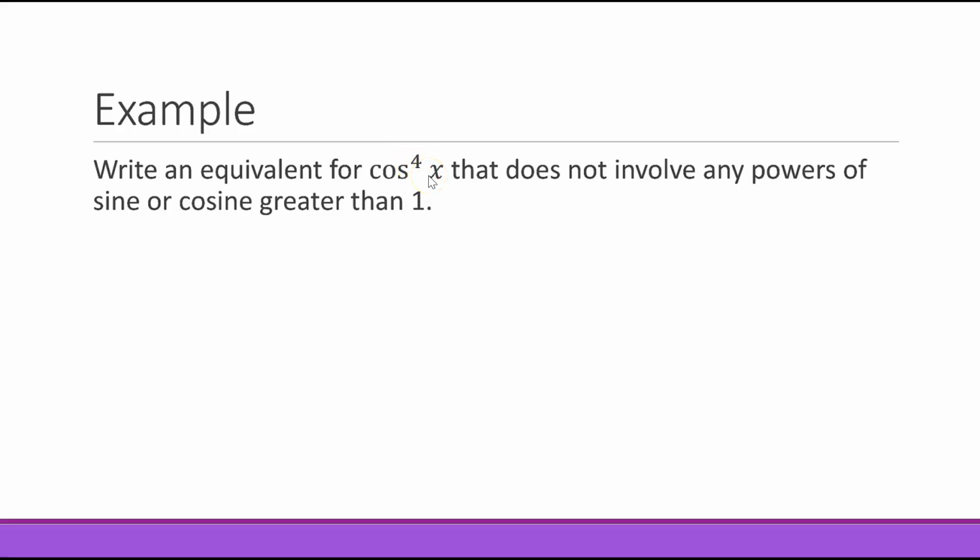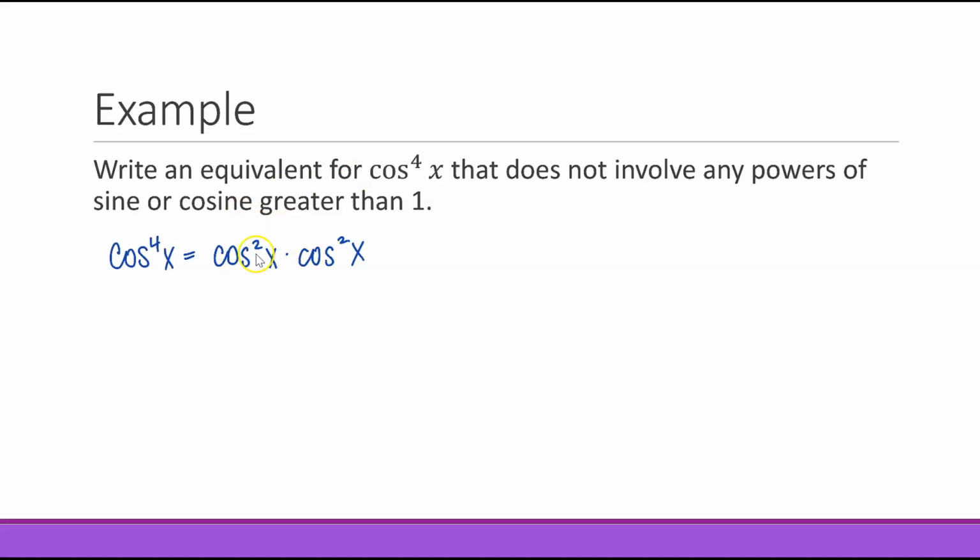I want to work with all sine or cosine to the first power. So we're going to start by taking that cosine to the 4th of x, and we're going to rewrite it as cosine squared x times cosine squared x, because that's how the power reducing formula starts, cosine squared.